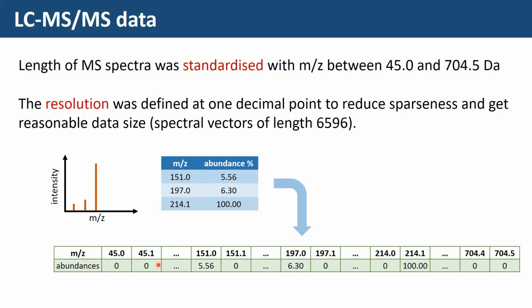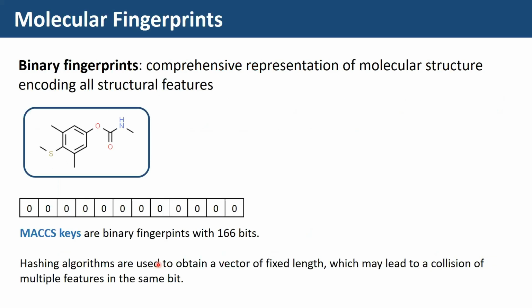So after that, we were okay with the part related to the mass spectra, but we also needed the binary fingerprints. If you don't know what a binary fingerprint is, it's just a binary vector with a fixed length, and it's a comprehensive representation of the molecular structure.